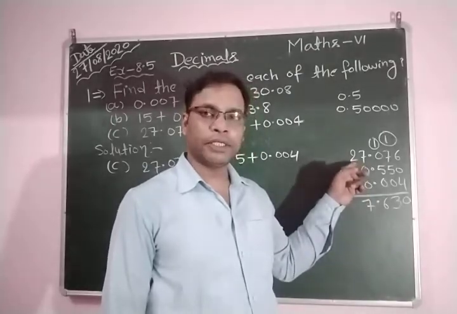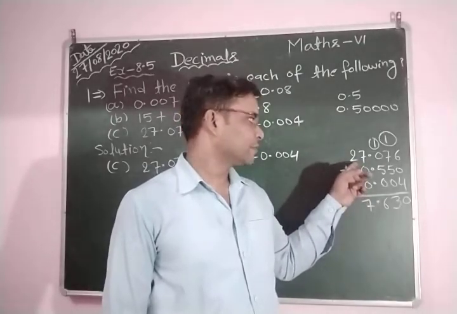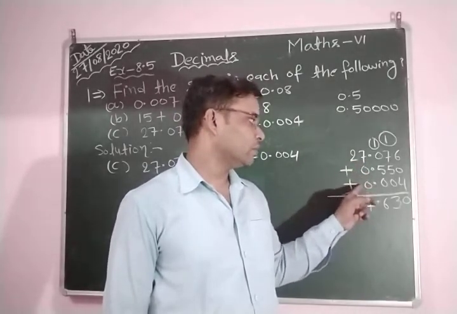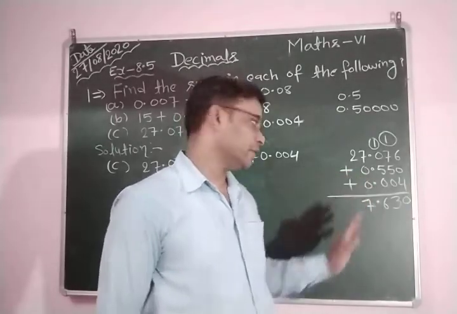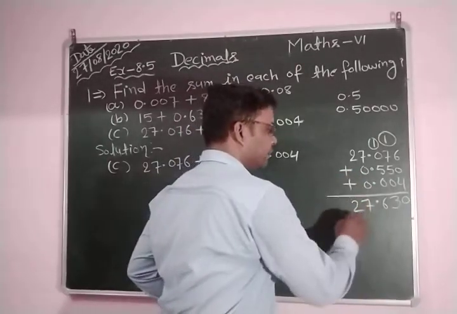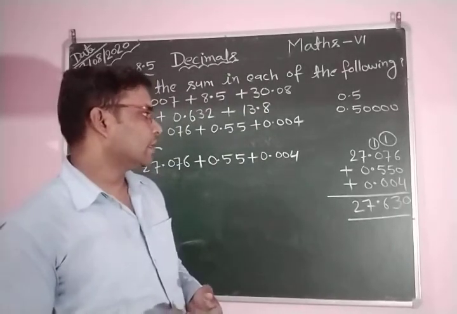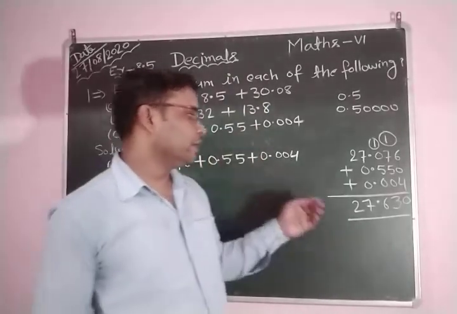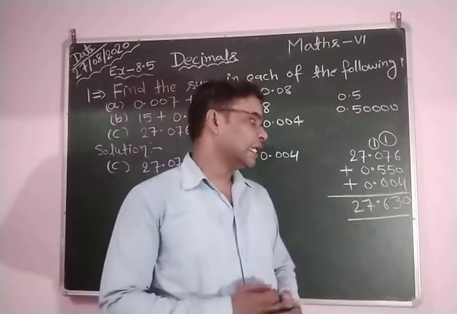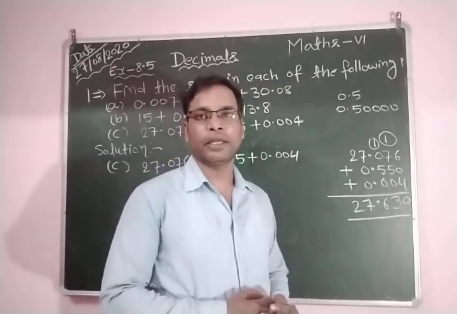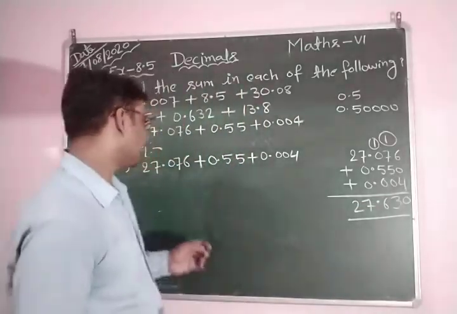So here the tens place digit is 2. Here nothing but 0. Okay. So 2 we write here as it is. In this way you can see the sum of these decimal numbers is 27.630.